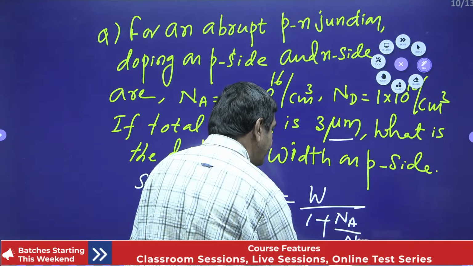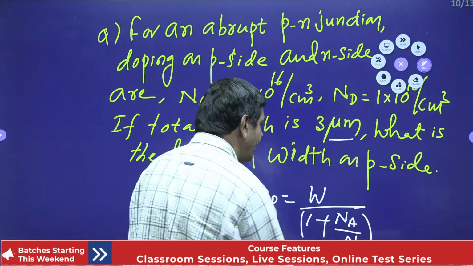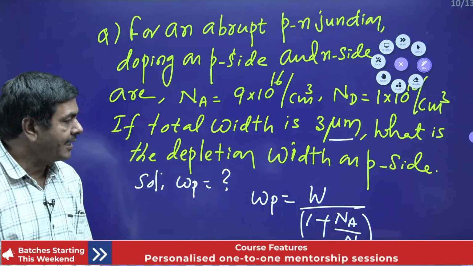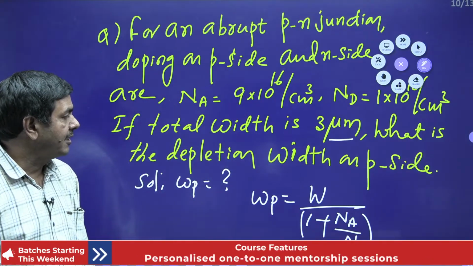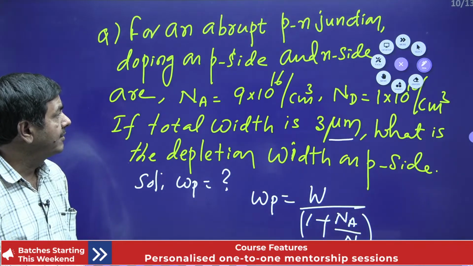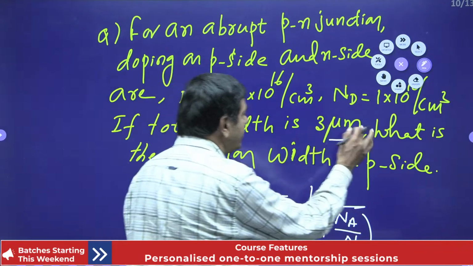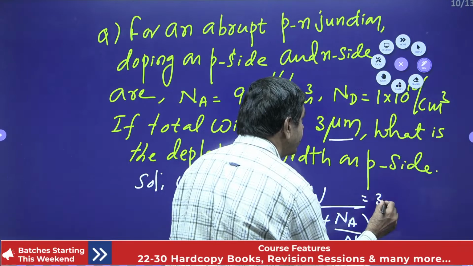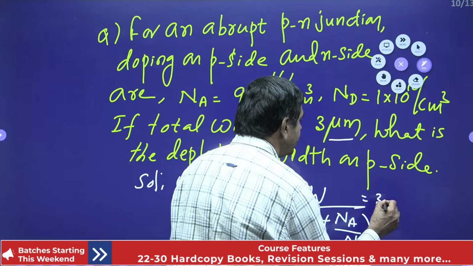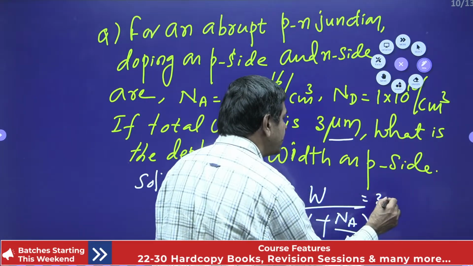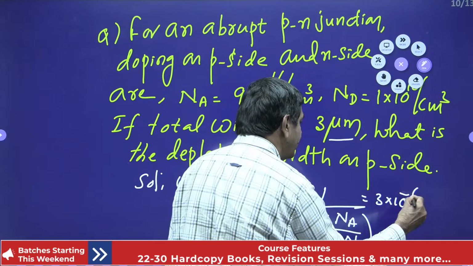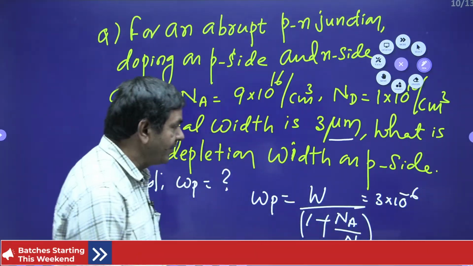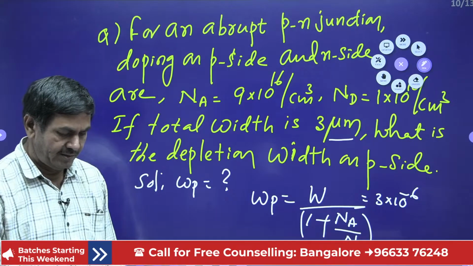You can directly substitute the values now. What is W given here? 3 micrometers. 3 micro means 3 into 10 power minus 6 in meters; I have taken micrometers only.